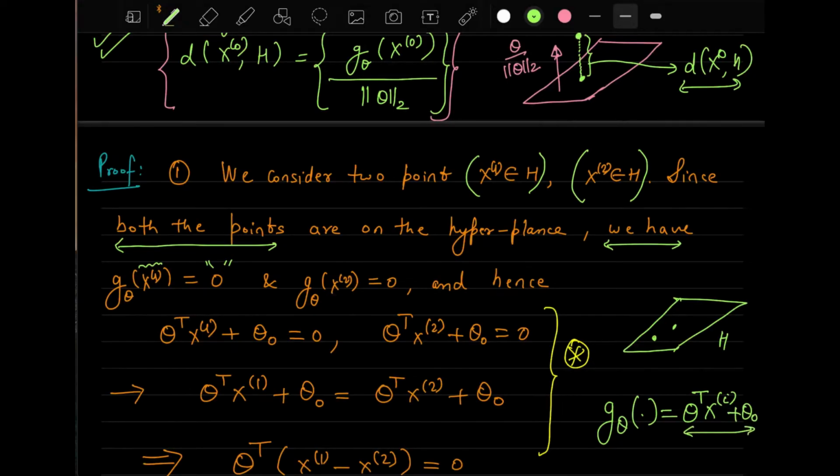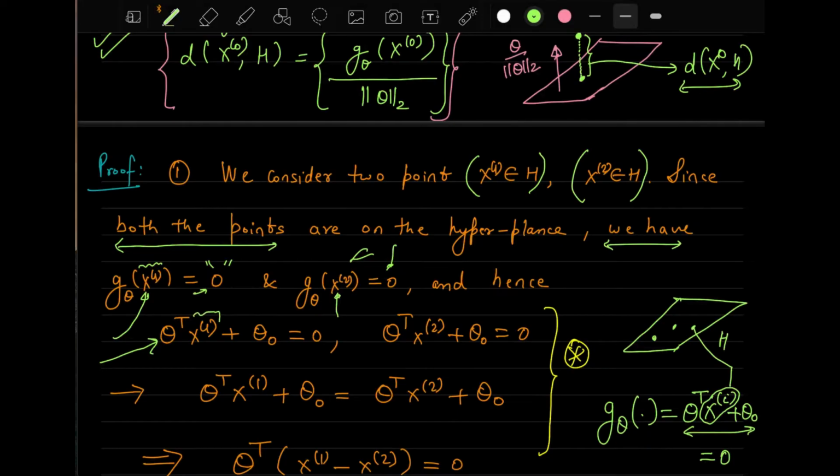The value of this is equal to 0 if the points xi lie on the hyperplane, and if they do not lie on the hyperplane, then the value will not be 0. So we are saying that 2 points x1 and x2 are on the hyperplane. Let's put those values in this argument and equate it to 0.